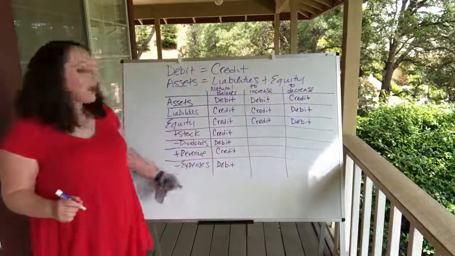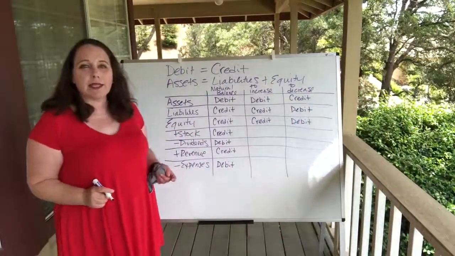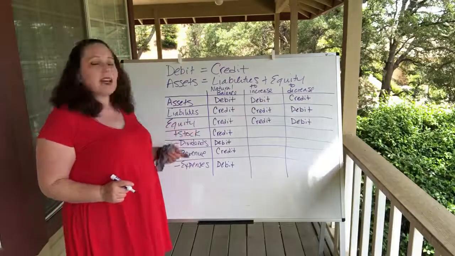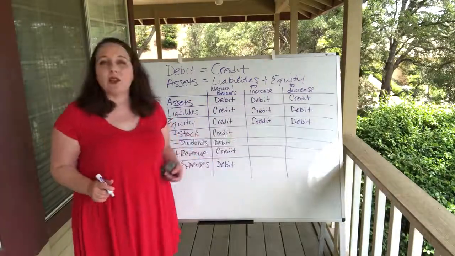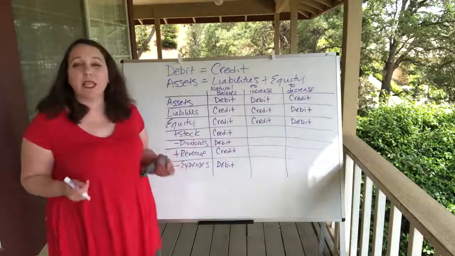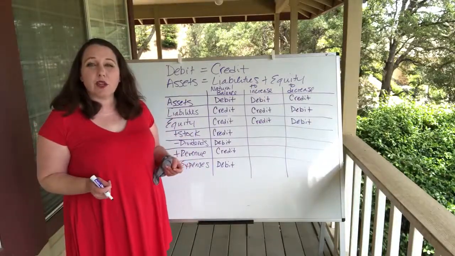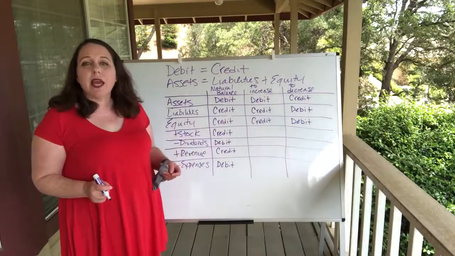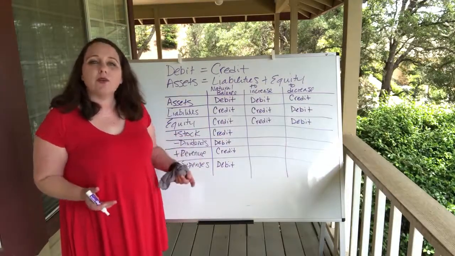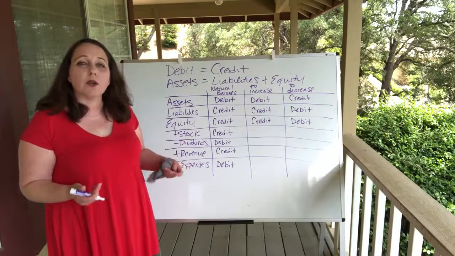All right, now we have our 4 accounts that are going to impact equity. Because we're never going to actually debit or credit equity. This is just our guideline for the 4 types of accounts that we will actually use when we start booking our journal entries. So stock has a natural credit balance. If we issue more stock, if we're going to increase stock, we're going to credit.